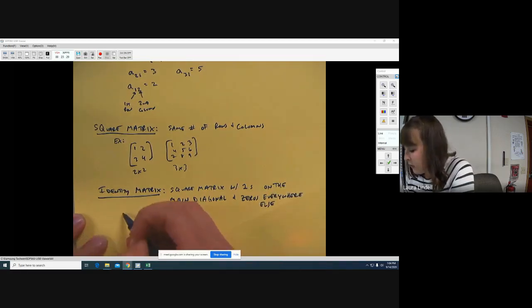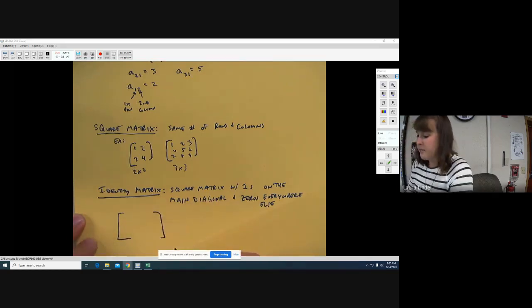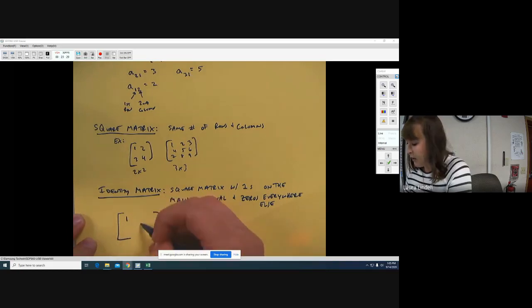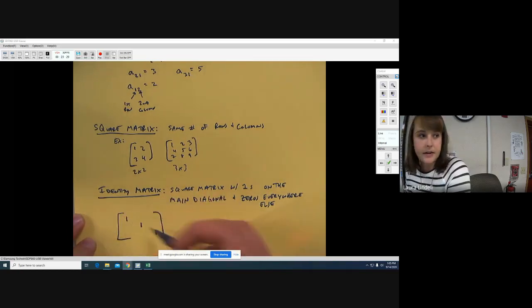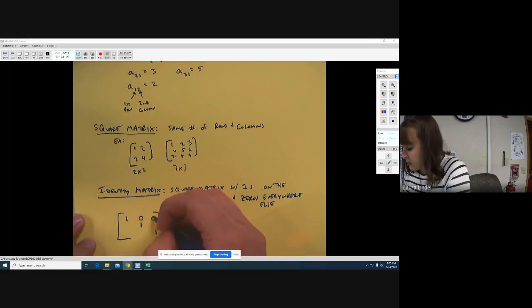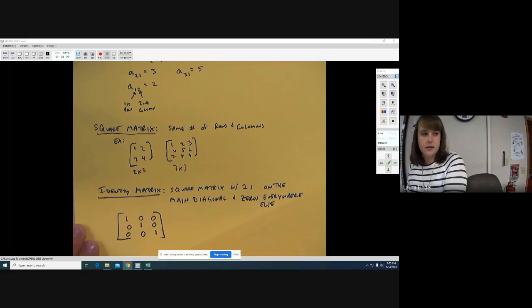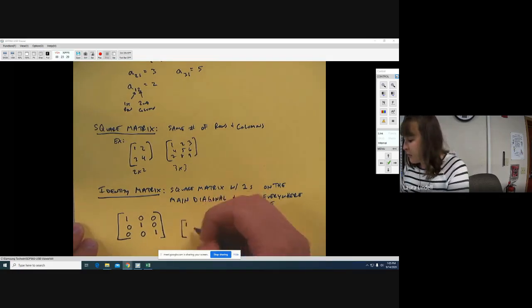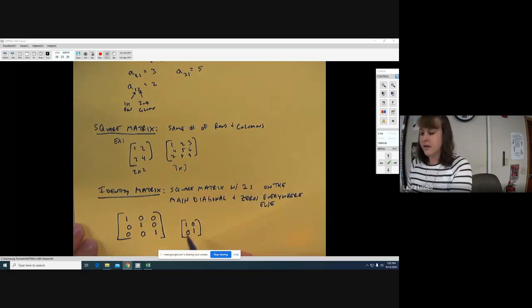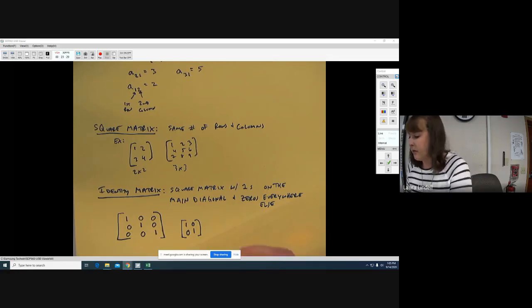Okay, so if I have a 3 by 3 matrix, the identity matrix has 1s across this diagonal, and it has 0s in all of the other places. And you can do this with any matrix. If you had a 2 by 2, or with any square matrix, that would be the 2 by 2 identity matrix. This would be the 3 by 3 identity matrix. The 4 by 4 would have 1s along the diagonal and 0s everywhere else as well.